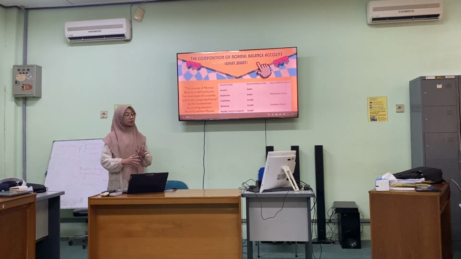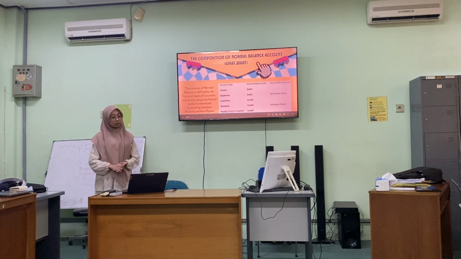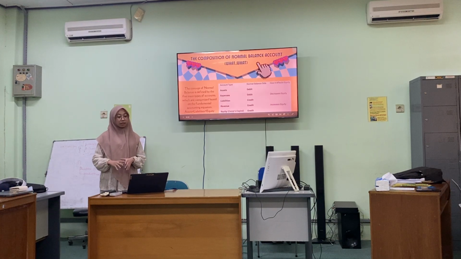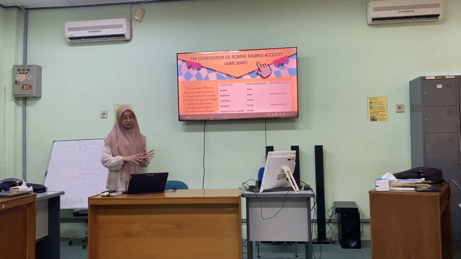Next, the composition of normal balance account. So, the concept of normal balance account is divided by 5 main types of accounts, which are categorized based on the fundamental accounting equation. Assets equal liabilities plus equity.